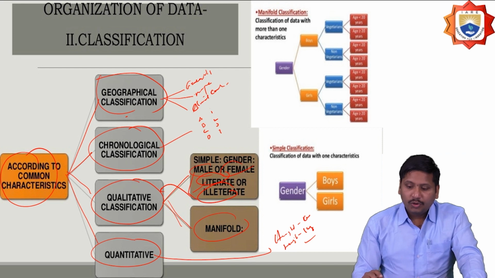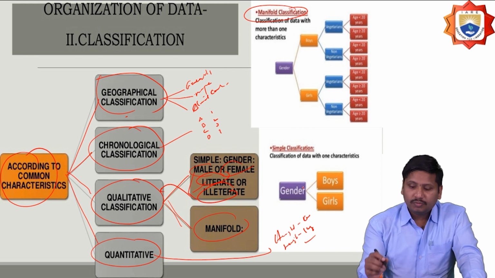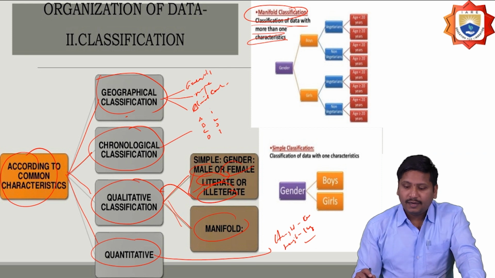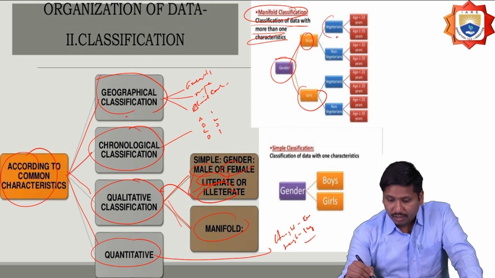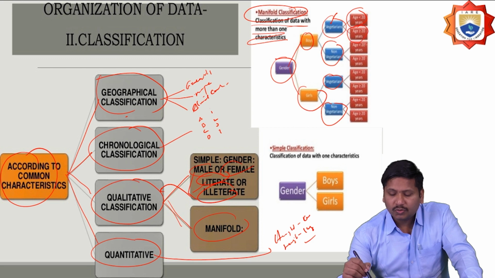What is the manifold classification? Manifold classification means the classification of data is done on more than one characteristic. Suppose we take gender, which is divided into boys and girls, and again the boys are of the type vegetarian or non-vegetarian, and the girls are also vegetarian or non-vegetarian. Within the vegetarian category, how many boys come under age less than 20 and greater than 20.